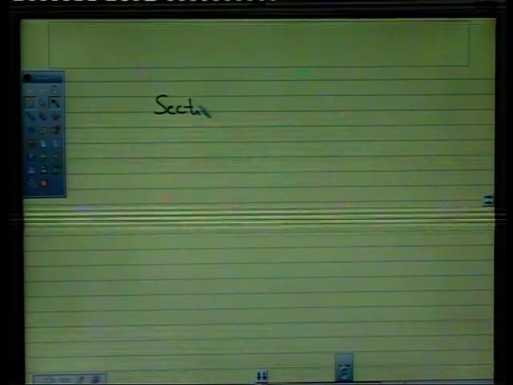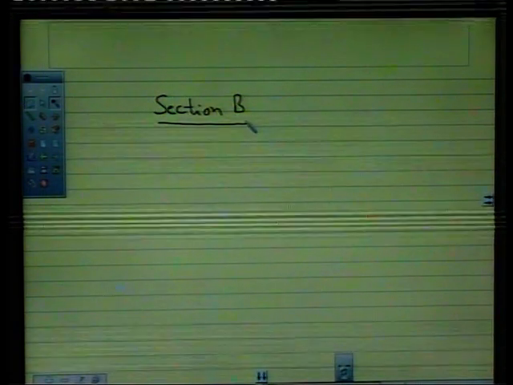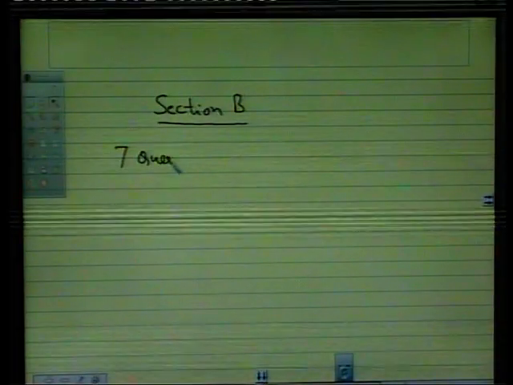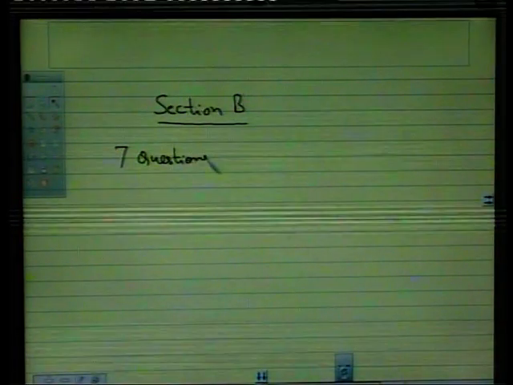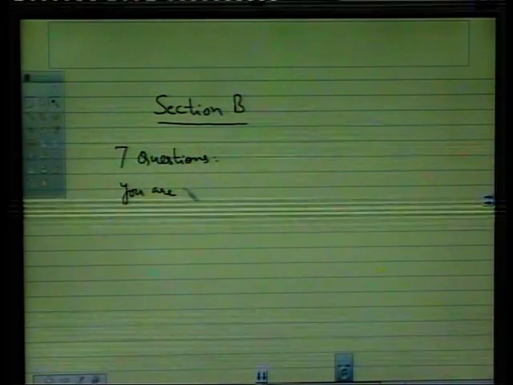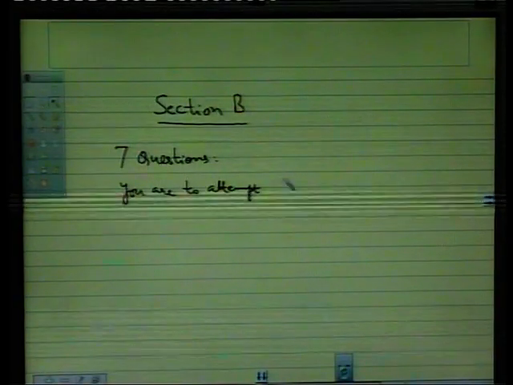Then we have section B. In this section there are 7 questions. You are to attempt 6 questions.